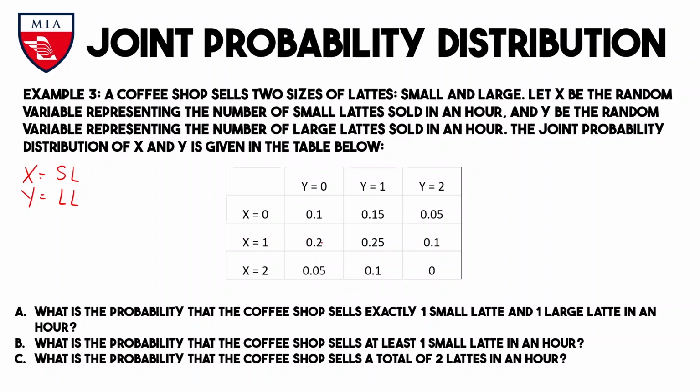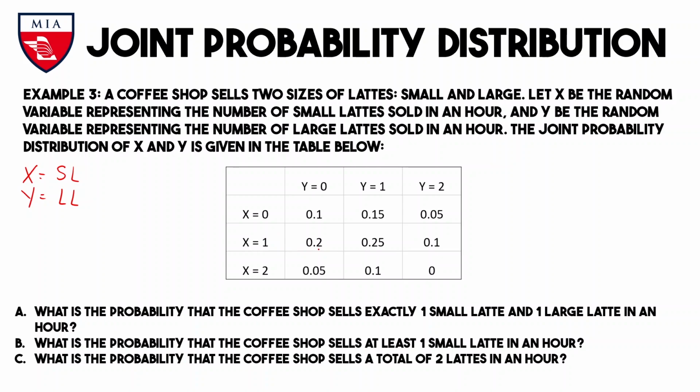Let's look at the table. The problem asks for the probability that the coffee shop sells at least one small latte, so let's look at x equal to 1, because x denotes the small latte.